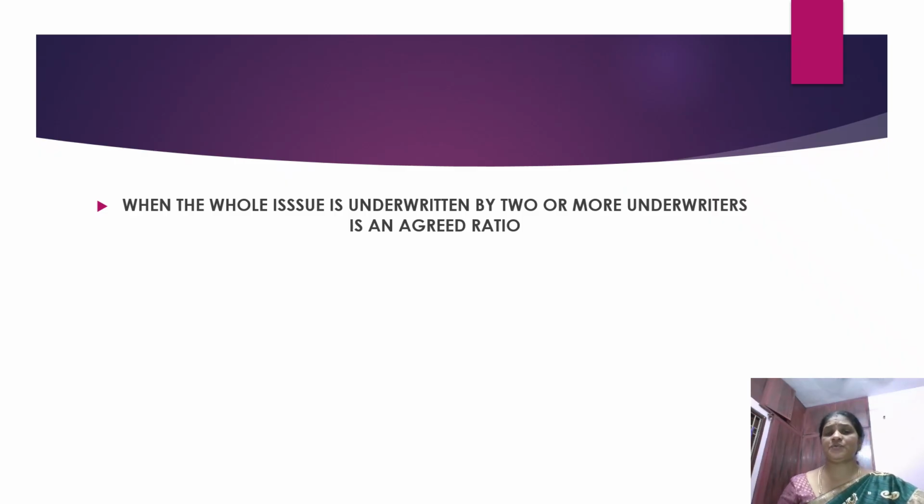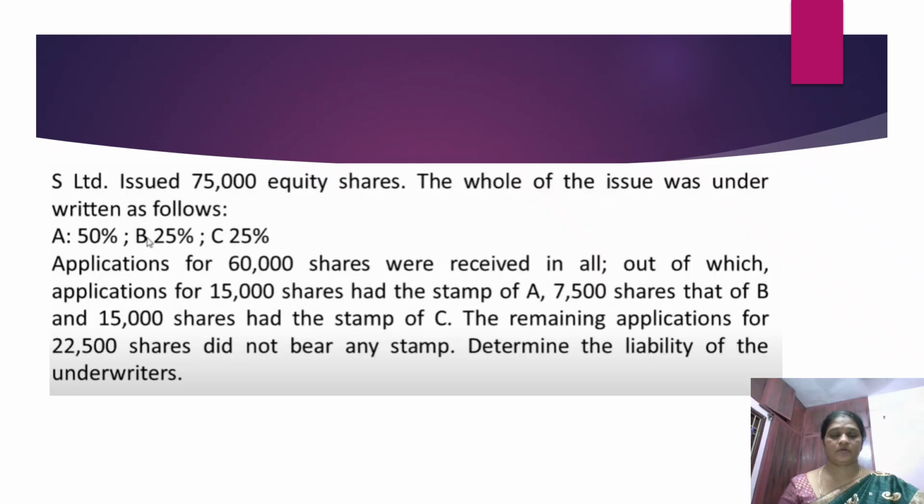The whole issue is underwritten by two or more underwriters in agreed ratios. S Limited issued 75,000 equity shares. The whole of the issue was underwritten as follows.